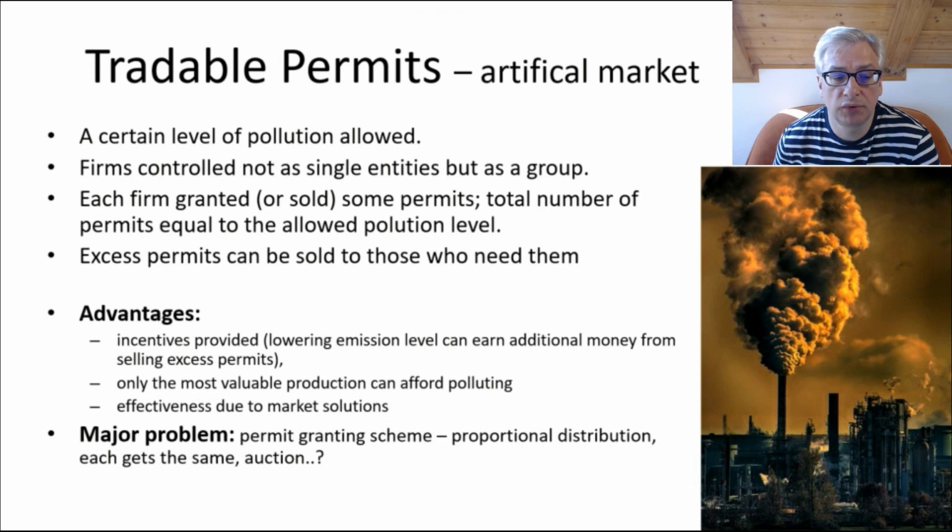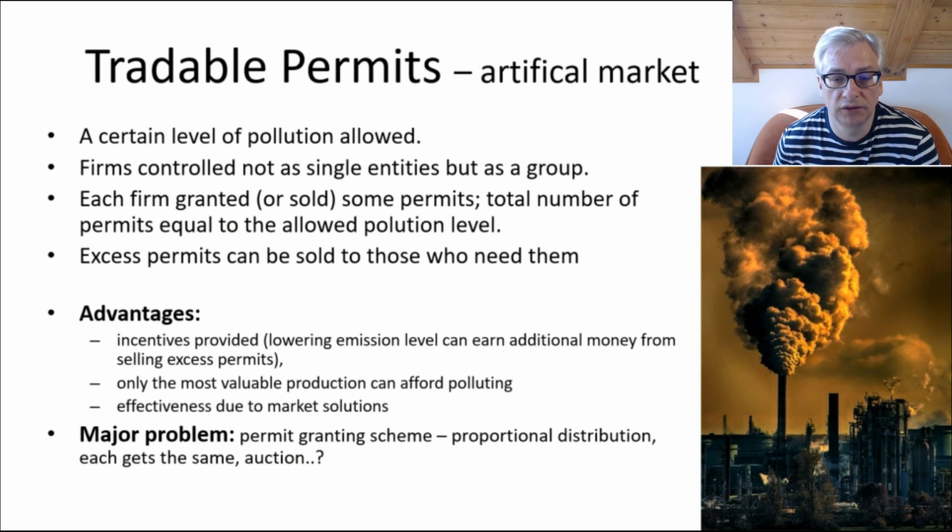The major problem with tradable permits is the fact that we do not have any perfect granting scheme. Imagine, for instance, how you would distribute those tradable permits among different countries in the European Union.